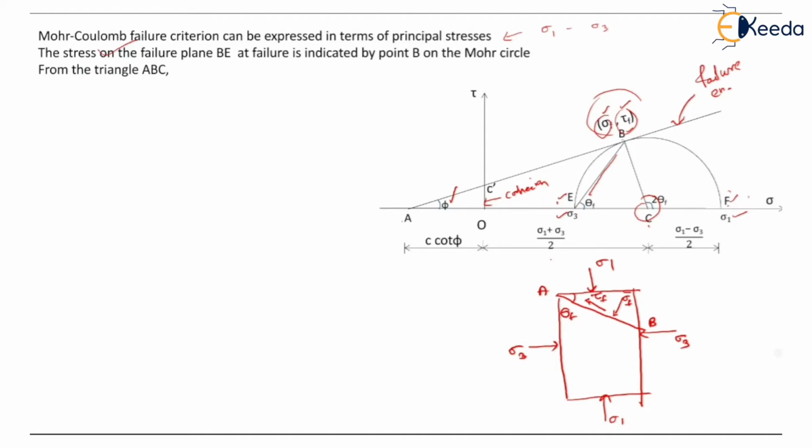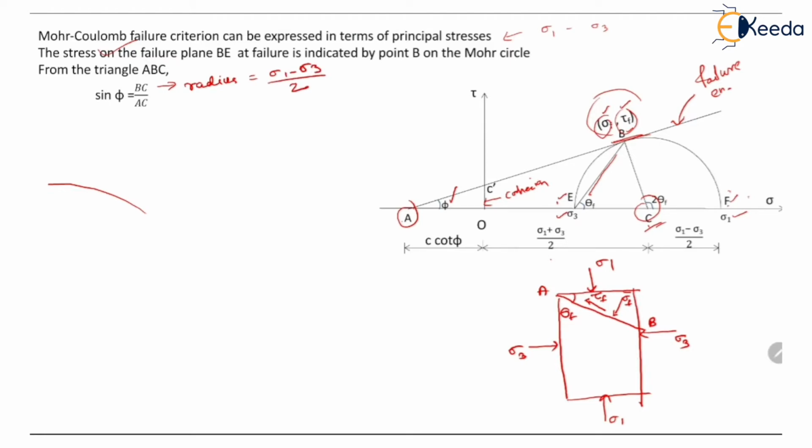From triangle ABC, we can see that sin phi is equal to BC upon AC, where BC is the radius. So BC will be equal to sigma 1 minus sigma 3 divided by 2.